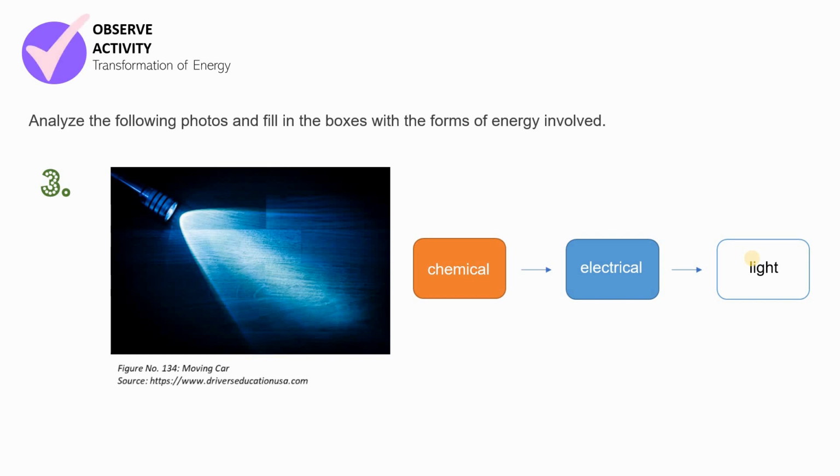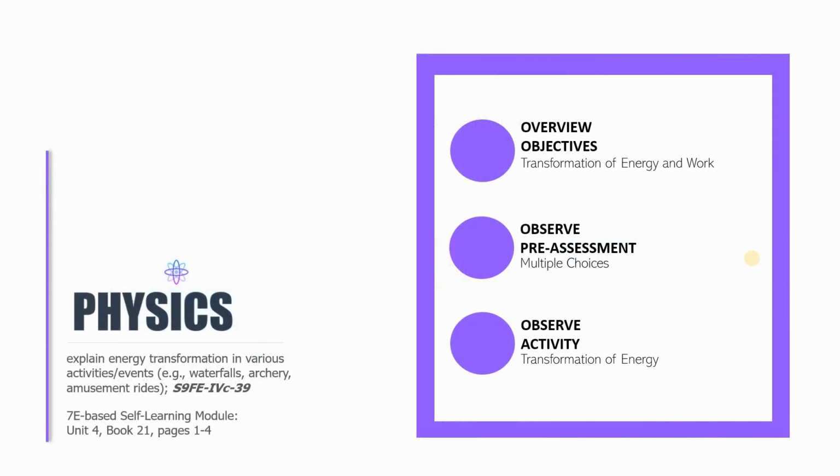Okay, so that ends our very brief but I hope very productive introduction to book number 21. In this session, we covered the following tasks. We had an overview of the objectives for this book, which is titled Transformation of Energy and Work.